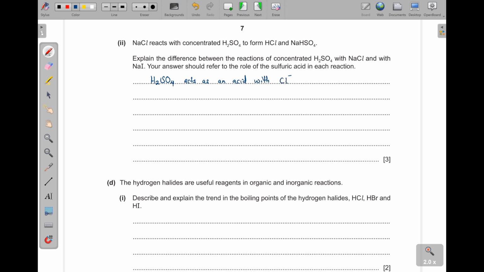But then when we go to the iodide, sulfuric acid acts as an oxidizing agent.